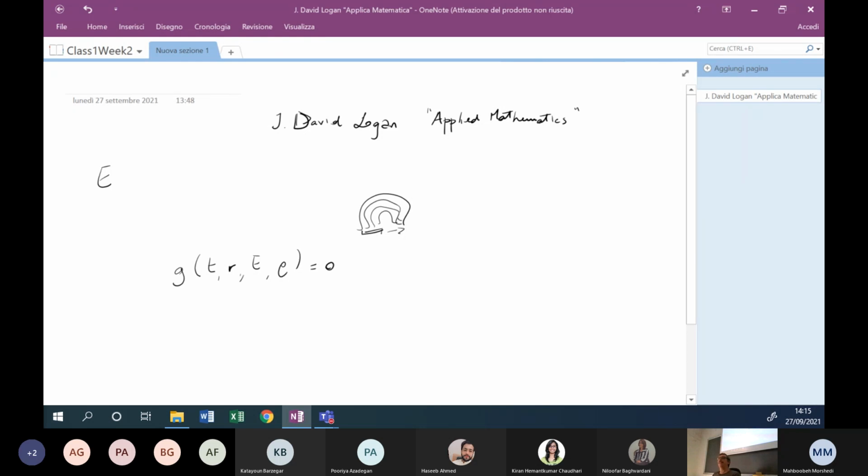So Taylor assumed that there is a relation between these variables. And then what he did is dimensional analysis.